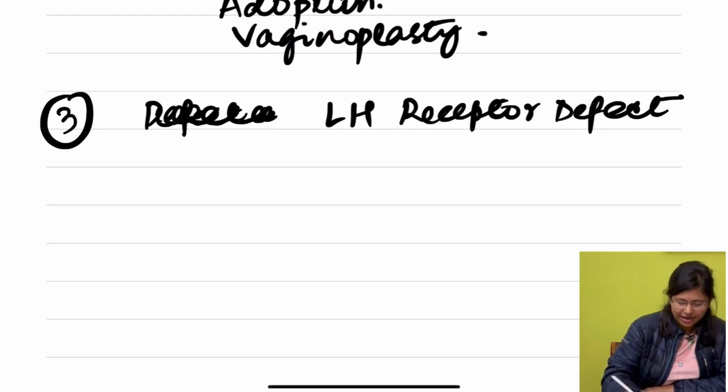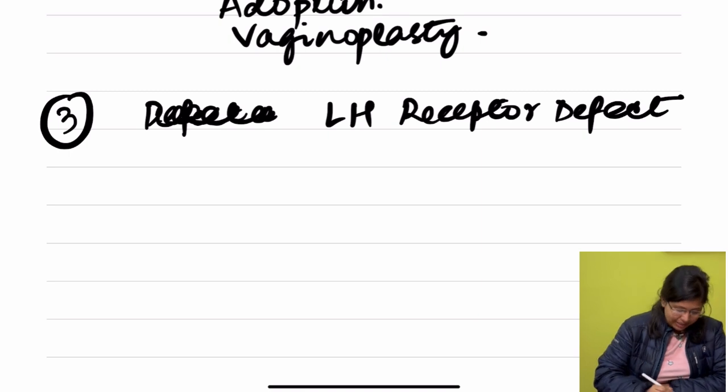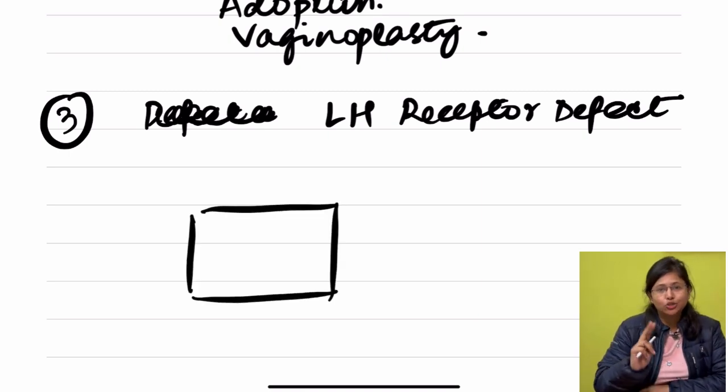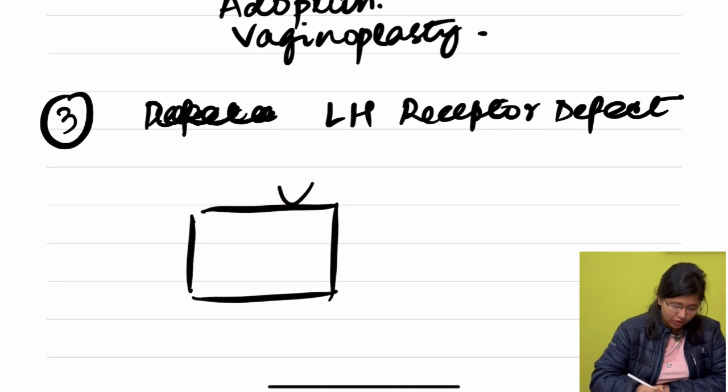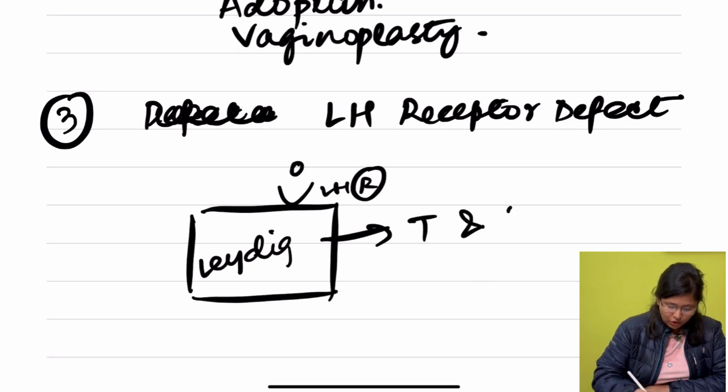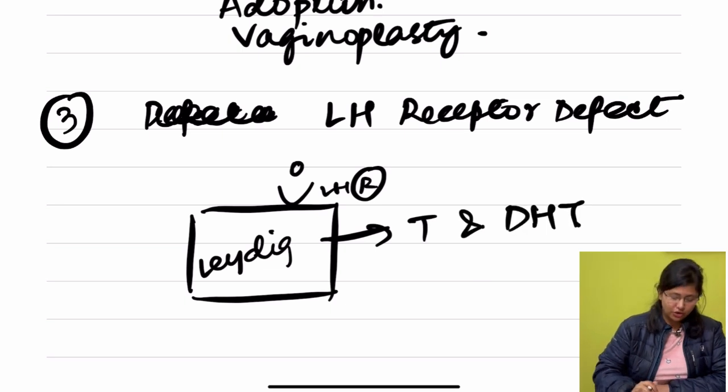What happens in LH receptor defect is we know that SOX9 is helping the Leydig cells to secrete testosterone in the beginning, but later on luteinizing hormone from the fetal pituitary takes over. So it is when this LH acts on this LH receptor that it stimulates the Leydig cells to secrete testosterone and dihydrotestosterone, right?